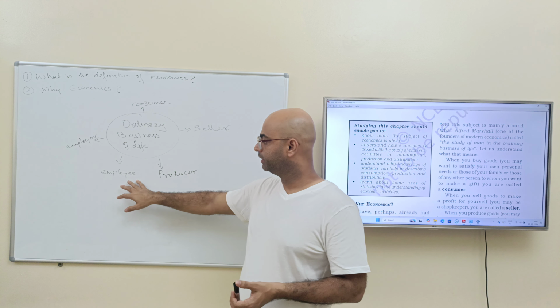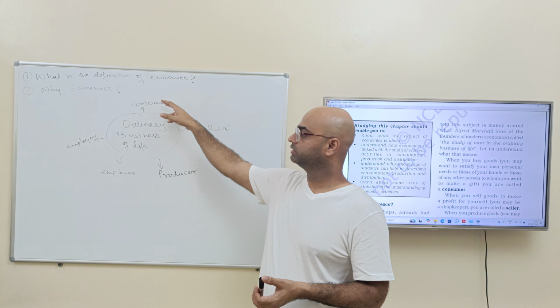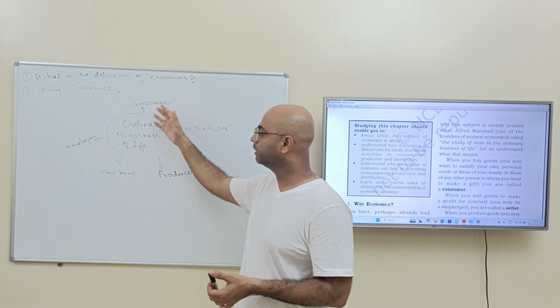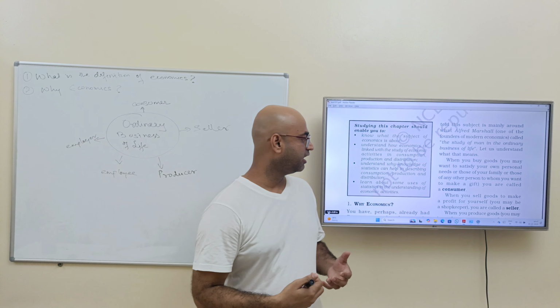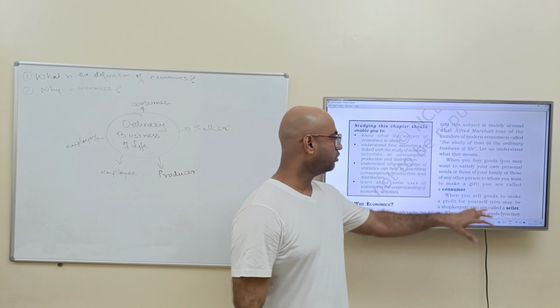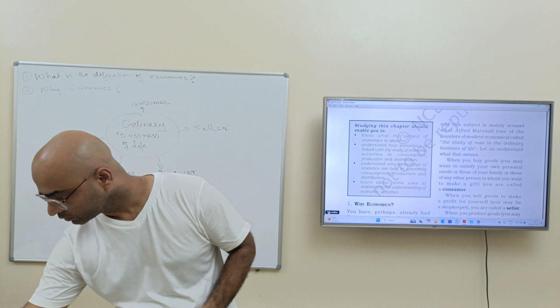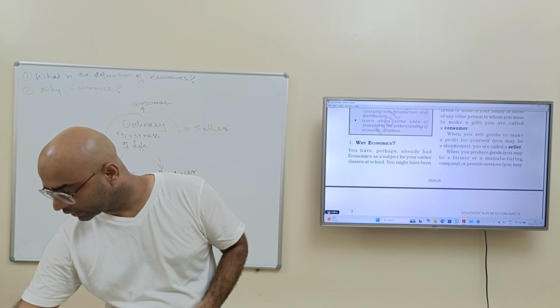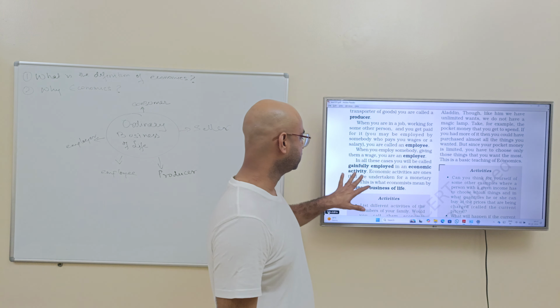So these employees, all of them, employer, employees, or producer, seller and consumer, they are all into the ordinary business of life. So whatever business of life where they can have monetary gain, they are all involved in that. Okay. So you understood why economics? Now here if you see, they are clearly mentioning it.